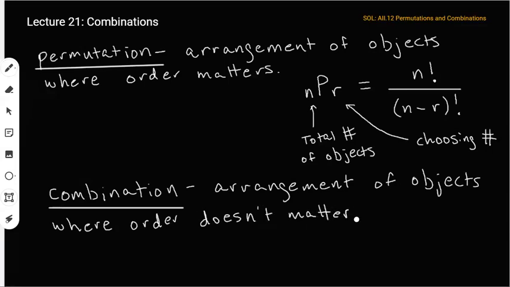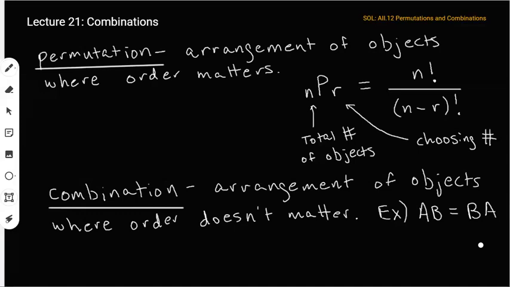So what this means is if you have a certain number of objects, you can rearrange those objects in a way so that the order doesn't matter. For example, if I had the combination AB, that would be the exact same thing as BA. So notice that the order does not matter here.